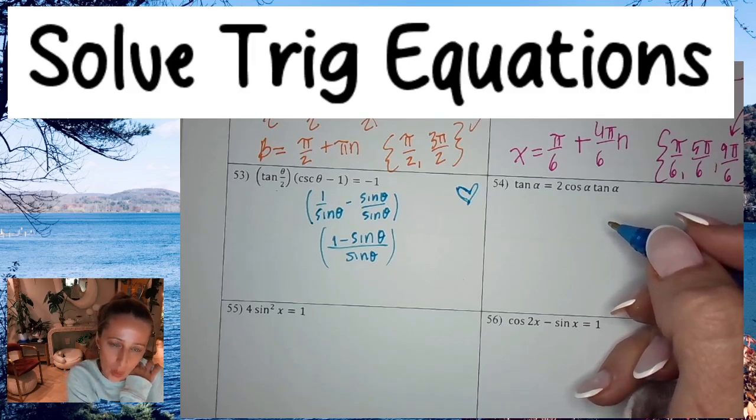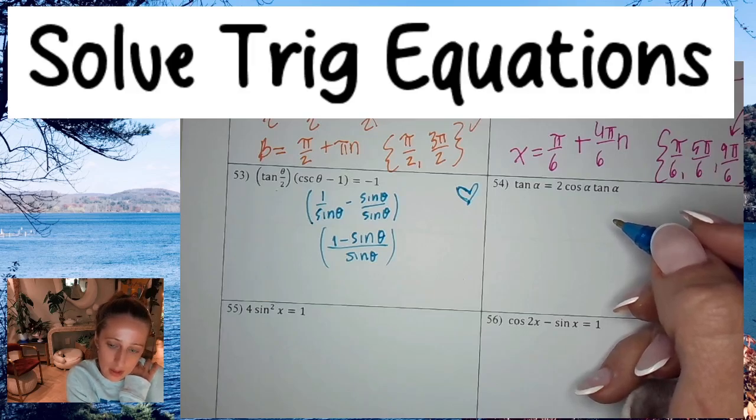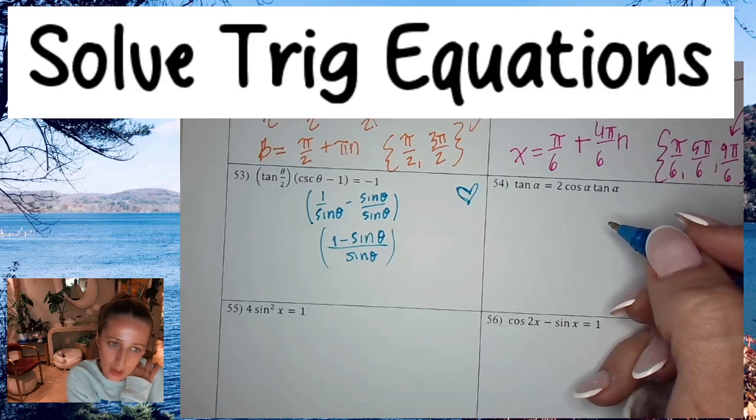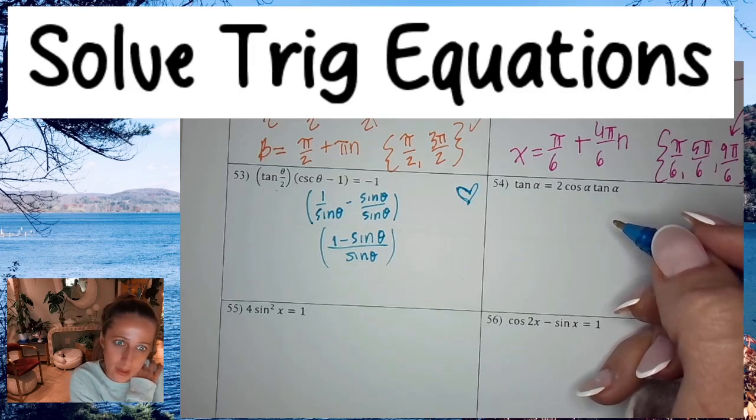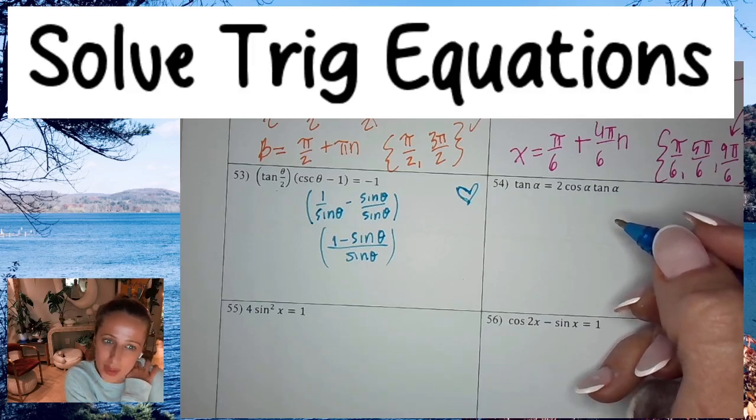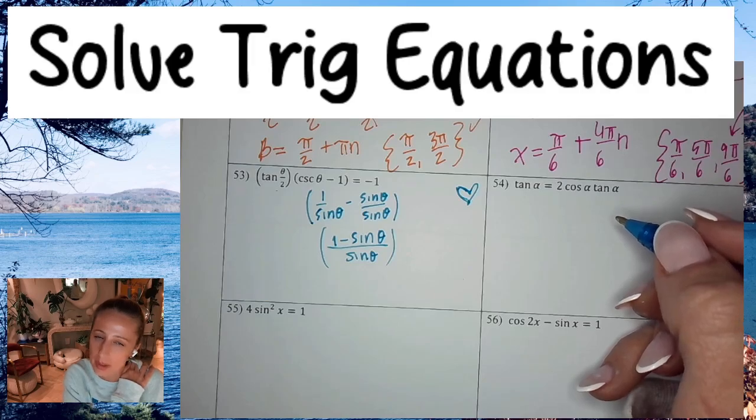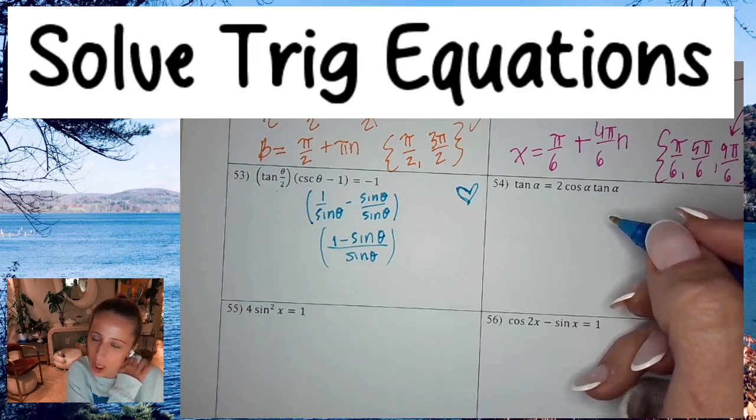So I could pick 1 minus, not 1 minus sine, right? 1 minus cosine over sine. I could pick the one with sine on top because then that will cross out.